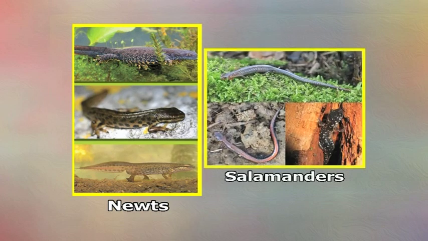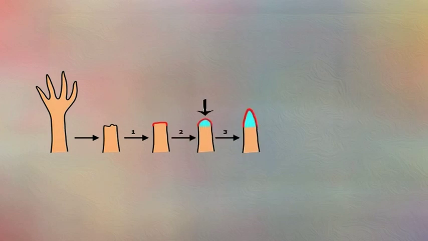In newts and salamanders, repair starts in limbs by spreading the epidermis over the wound, followed by closing of the wound. Then it bulges out and attains a conical shape by accumulating proliferative cells under the epidermis and is called the regeneration bud or blastema, which grows and redifferentiates rapidly in flattened form.